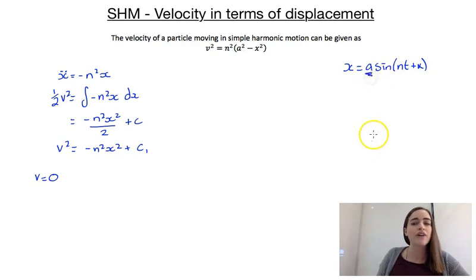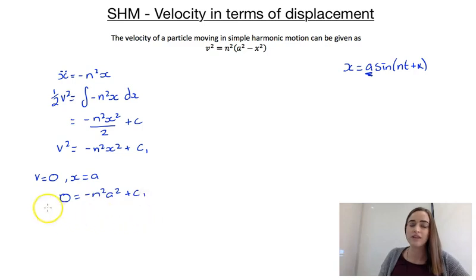And that value of a, that's what's going to give us our maximum displacement. So velocity is going to be equal to 0 when x is equal to a. So that means our equation is going to become 0 is equal to minus n squared a squared plus c1, which means that c1 is equal to n squared a squared.